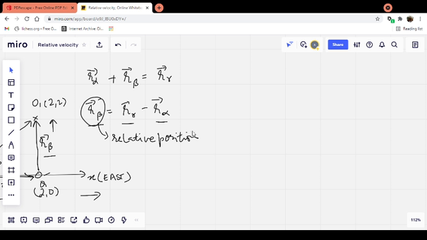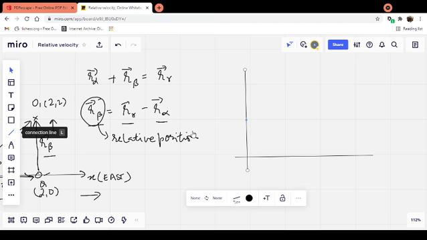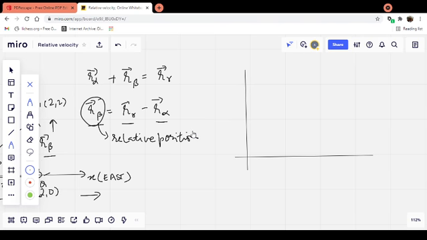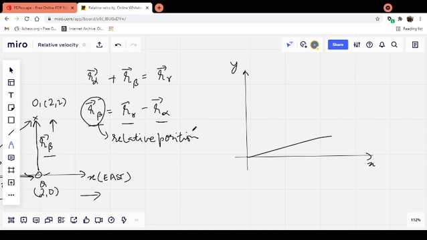So let us draw this. So I would see that this is a pretty standard coordinate system which we drew in the last case too, except that now our one observer is at A, and we are taking the origin as the absolute frame.